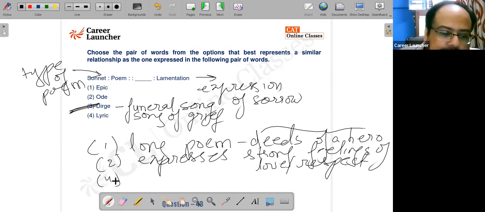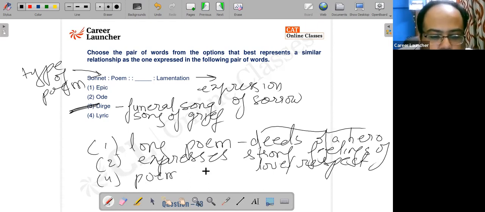And option 4, lyric has a number of meanings. One common meaning of lyric is the wordings of a poem or a song. Right? The wordings of a poem or song. Another meaning of lyric is a poem that expresses personal feelings.